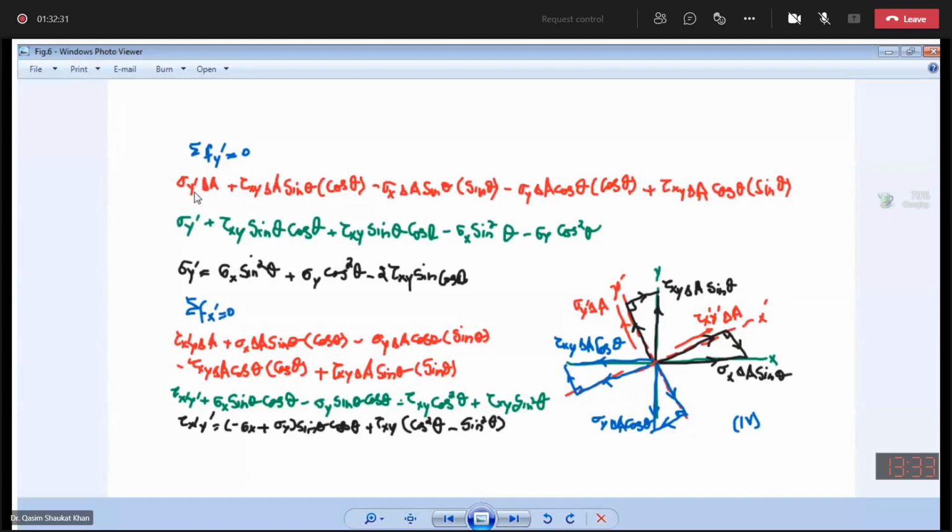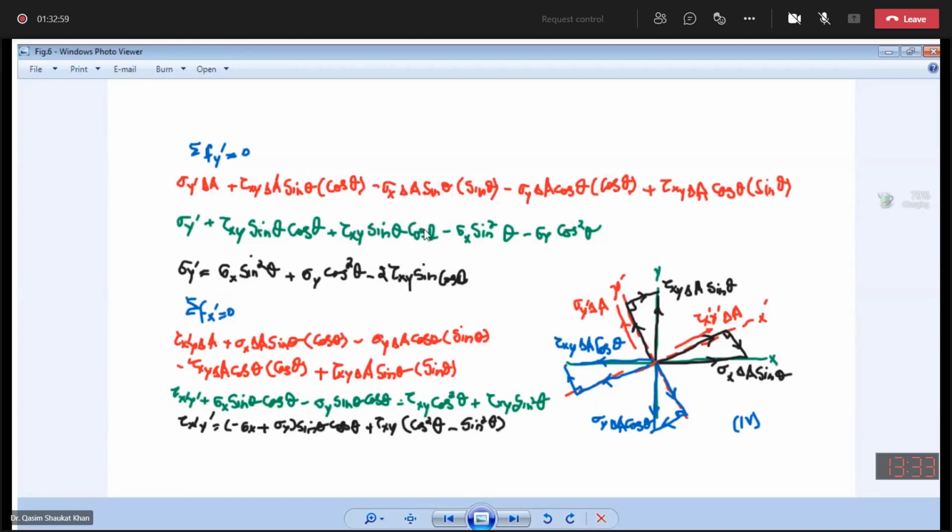Our simplified equation will be sigma y dash plus tau xy sine theta cos theta plus tau xy sine theta cos theta, minus sigma x sine square theta, minus sigma y cos square theta equals 0.